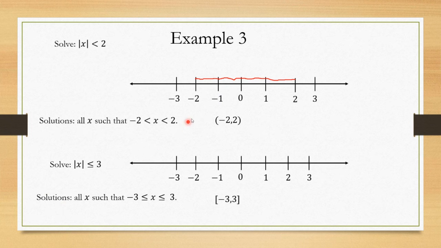So because of that, all numbers between -2 and 2 are solutions to this inequality, right? All x such that this is true, which is the same as this interval. I really hope this makes sense. Again, if you think of it in terms of distance, this is what it really boils down to.